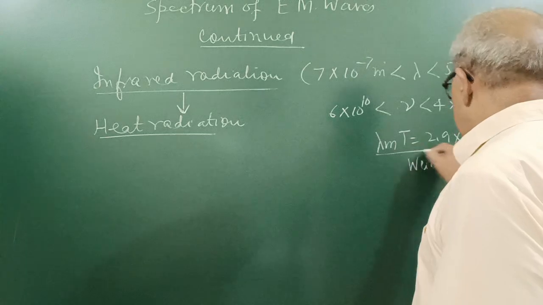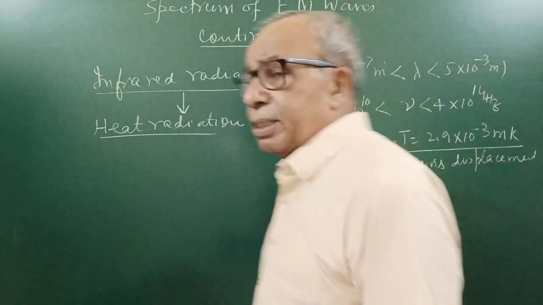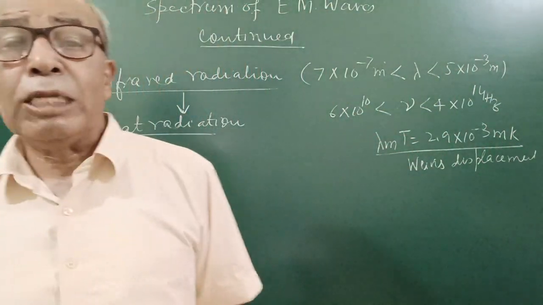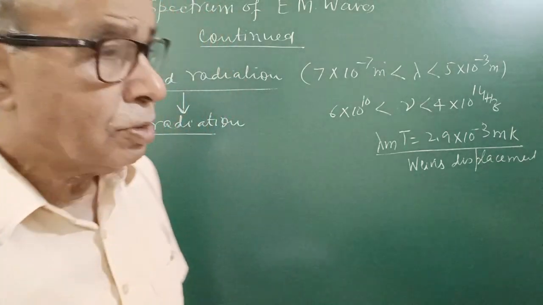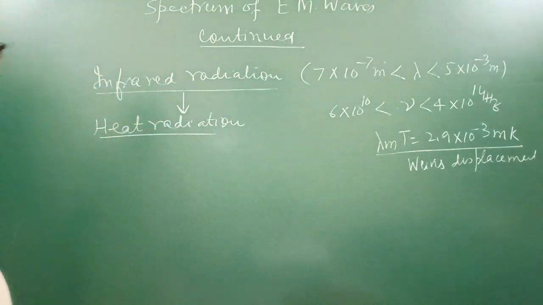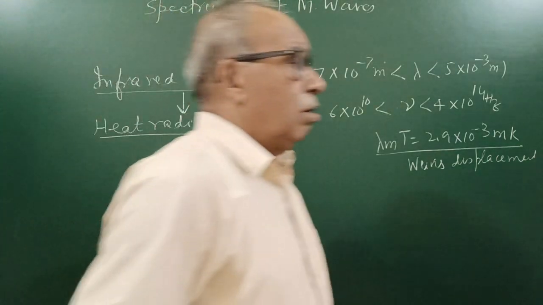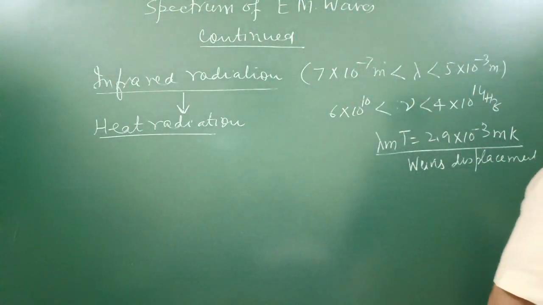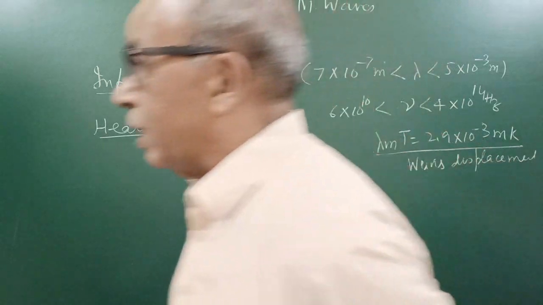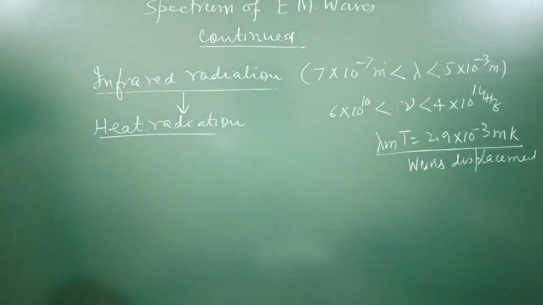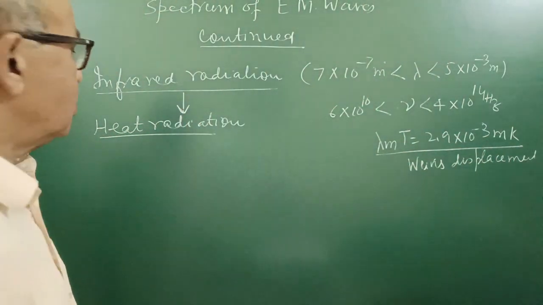So the higher the temperature, the lower the wavelength of radiation emitted by a hot body. There are other sources like light emitting diodes, which are also a source of infrared radiation and are used in remote controls.